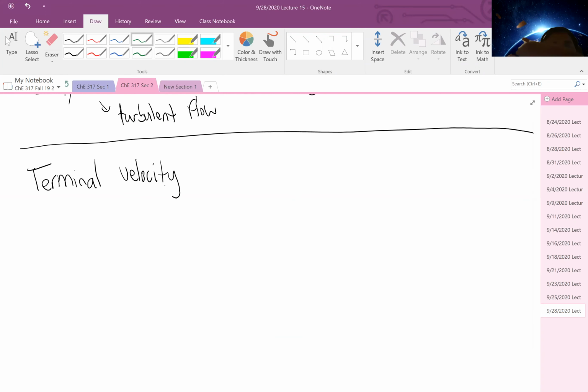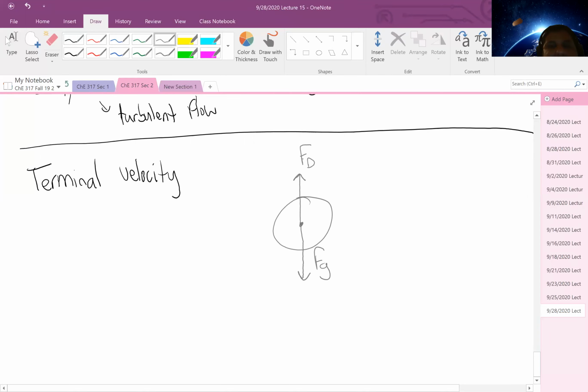If I have a solid object that's falling under the influence of gravity, I can consider that there are two forces involved in that system, both in the y direction: the force due to gravity, and the drag force of our object.